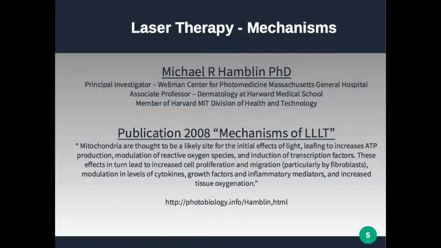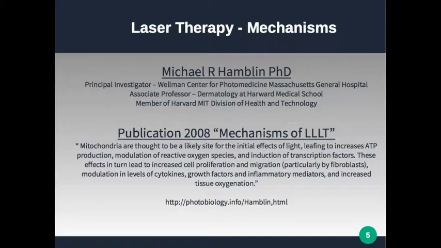It leads to increased ATP production, modulation of reactive oxygen species, ROS, and induction of transcription factors. This effect, in turn, led to increased cell proliferation and migration, modulation in level of cytokine, growth factor and inflammatory mediators, and increased tissue oxygenation.